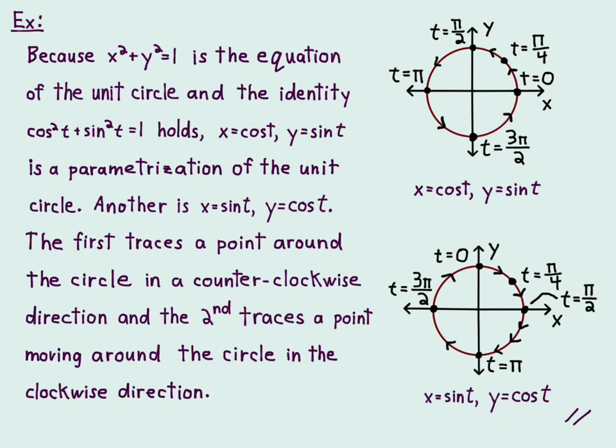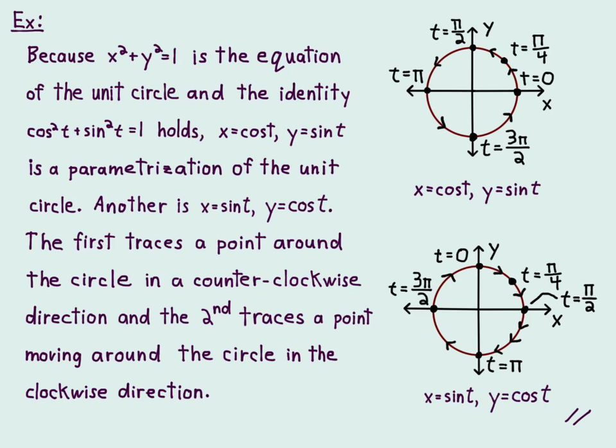Okay, at t equals 3 pi over 2, sine of 3 pi over 2... It's not 3 pi over 2.